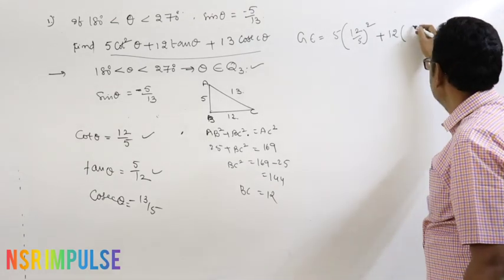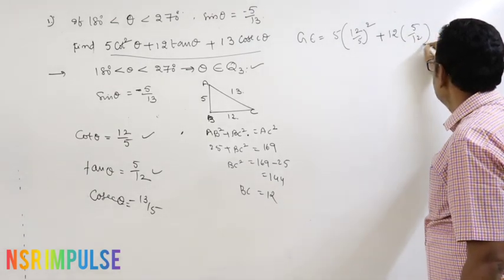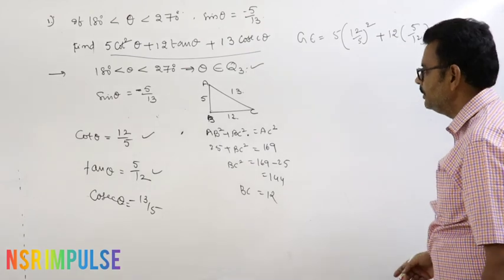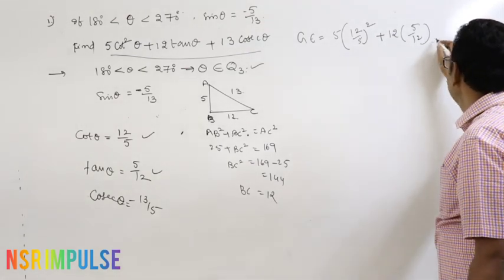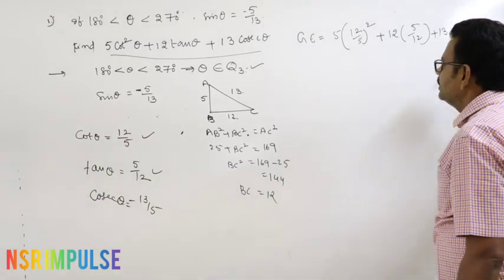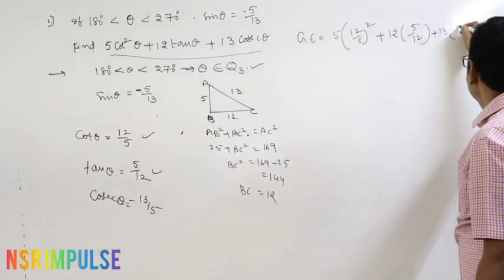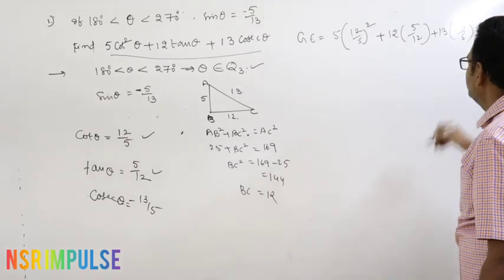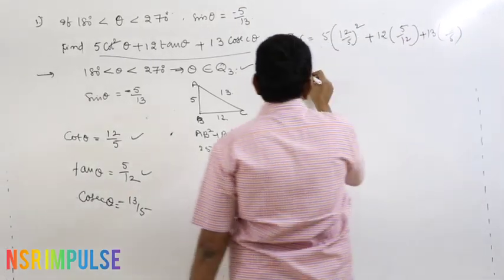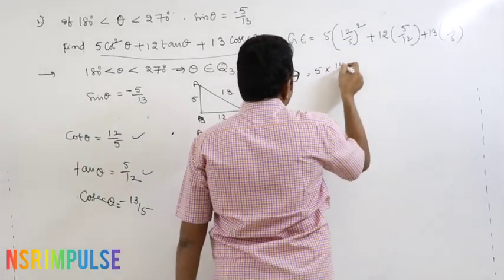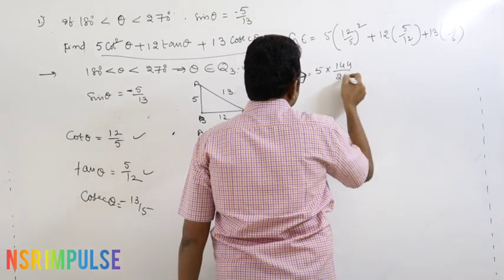Tan theta is 5 by 12, plus 13 into cosecant theta. Cosecant theta is minus 13 by 5. So this is equal to 5 into 144 by 25.